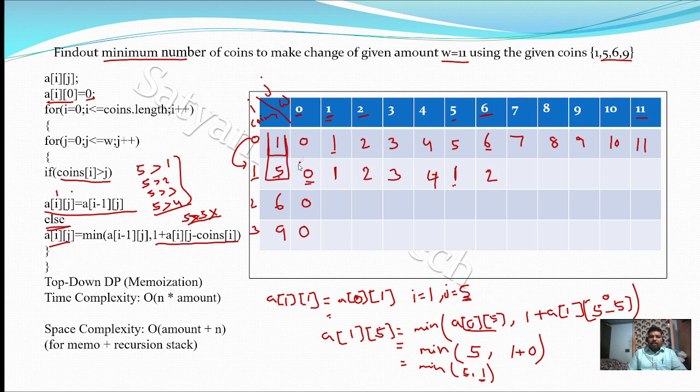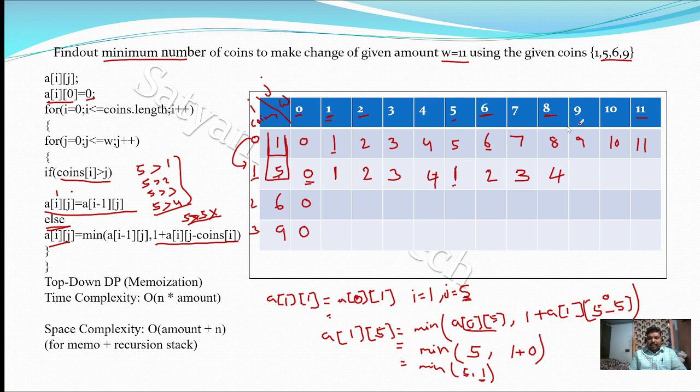Here the 7, so 1 5 rupee coin is required and 2 1 rupee coins is required, that is 3 coins is there. So here it is 8. 8 means here 1 5 rupee coin, 3 1 rupee coins. That is 4 coins is required to make 8.